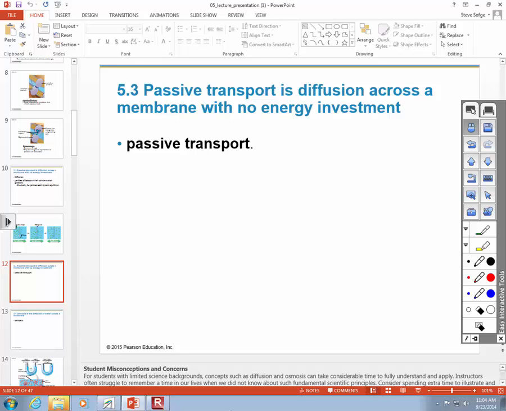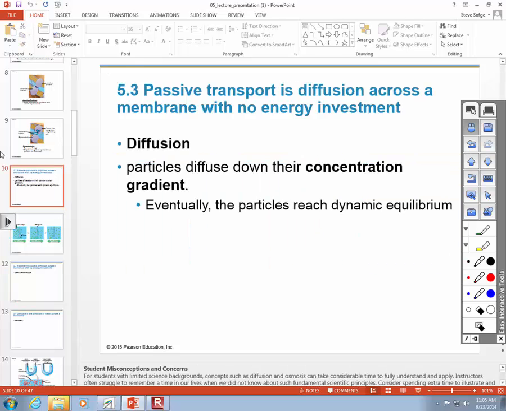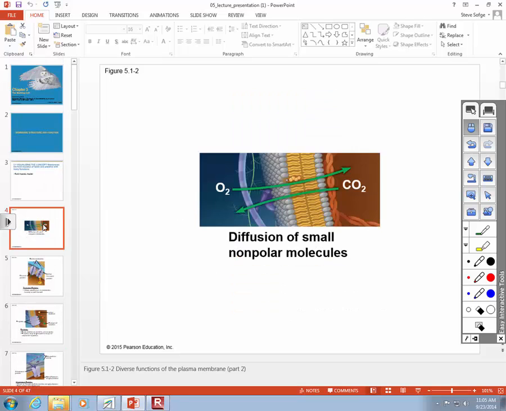Now, passive transport, that just tells us we don't spend energy. No ATP. Our energy that we spend to do anything is always ATP. And if you don't need the energy, it's passive transport. So some of what we saw yesterday was actually passive transport. Let's go back to this right here. That's a diffusion. So that's passive transport.